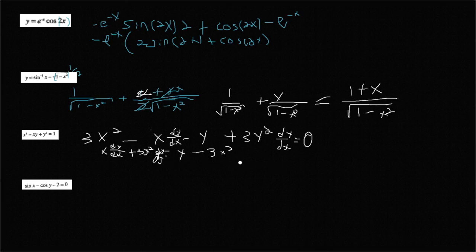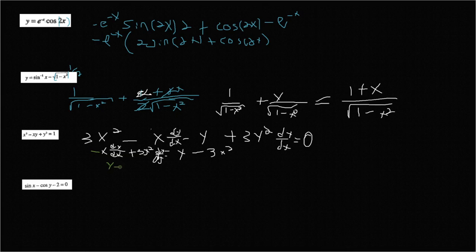And so here we could pull out the dy/dx and divide by the other stuff. I'm just going to write the answer in green. So what I'm doing is factoring out the dy/dx and dividing by the x plus 3y squared. Oh, this is a negative x. Oops.